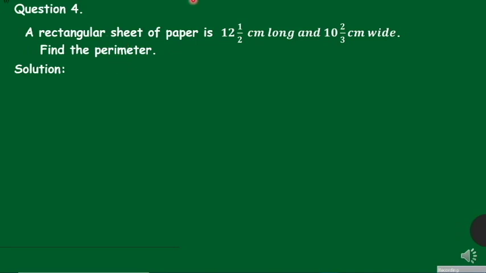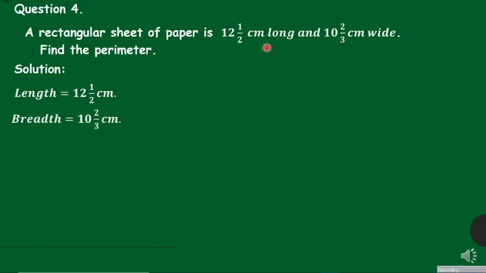First of all, you should know what is the perimeter of a rectangle. The perimeter of a rectangle is equal to 2 multiplied by length plus breadth, where the length given to us is 12 whole 1 upon 2 centimeter, and the breadth is equal to 10 whole 2 by 3 centimeter.